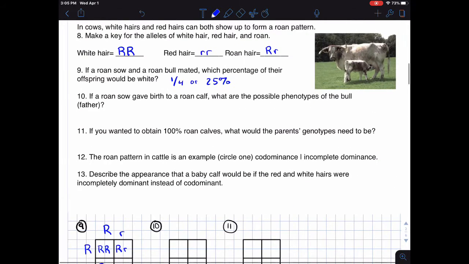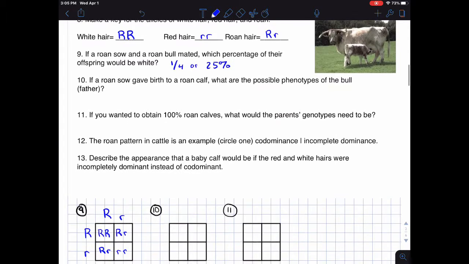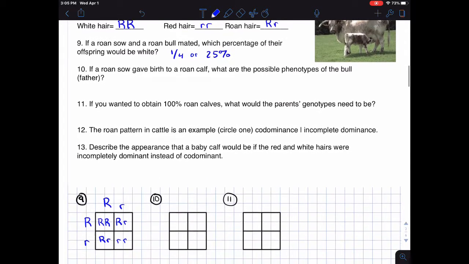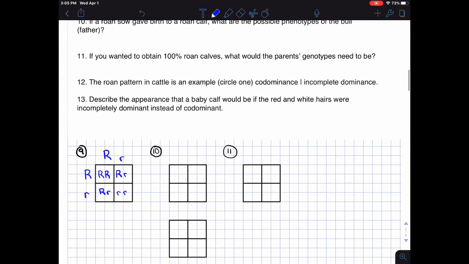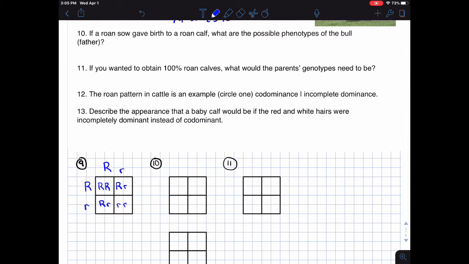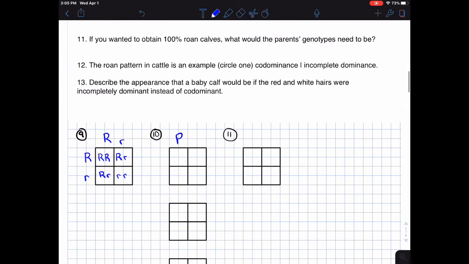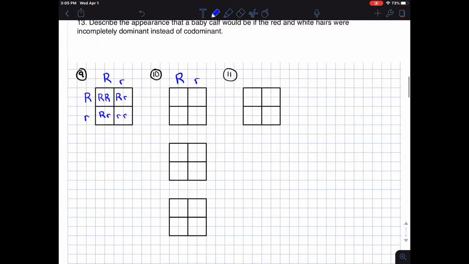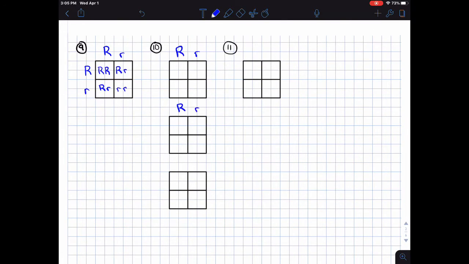Number 10. If a roan sow gave birth to a roan calf, what are the possible phenotypes of the bull, or father? So we know that the roan sow has the genotype of capital R, lowercase r, and we can fill that out for our 3 Punnett squares.